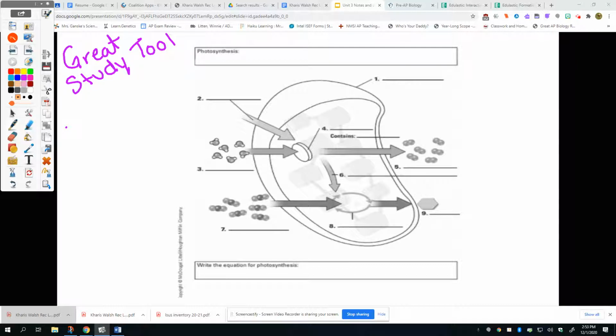Photosynthesis, like we said, is the process in which autotrophs capture light energy and store it as chemical energy so that it can be utilized by organisms, and it stores it in the form of glucose, which can eventually be stored as starch. Now, the equation for photosynthesis is 6CO2 plus 6H2O plus light energy.